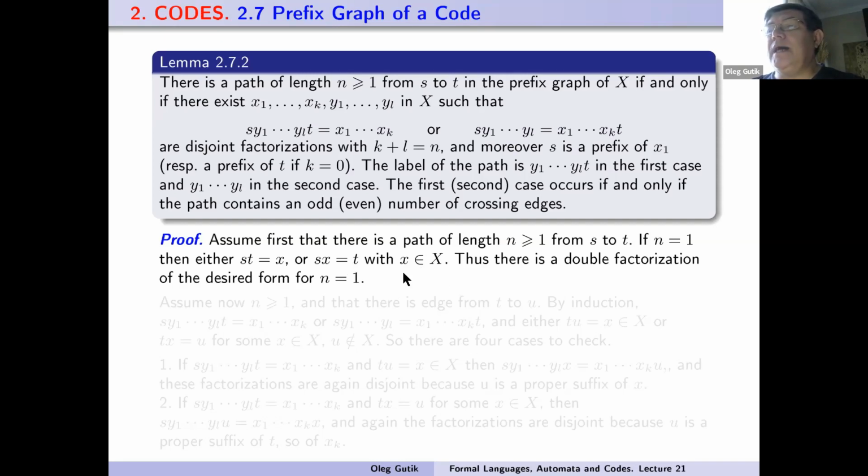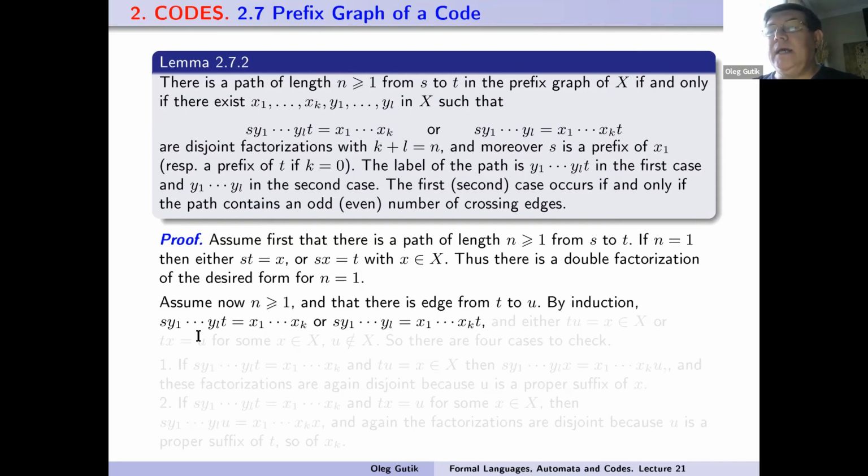Thus, there exists a double factorization of the desired form for n equal 1. Assume now n is greater or equal 1 and that there exists an edge from t to u.